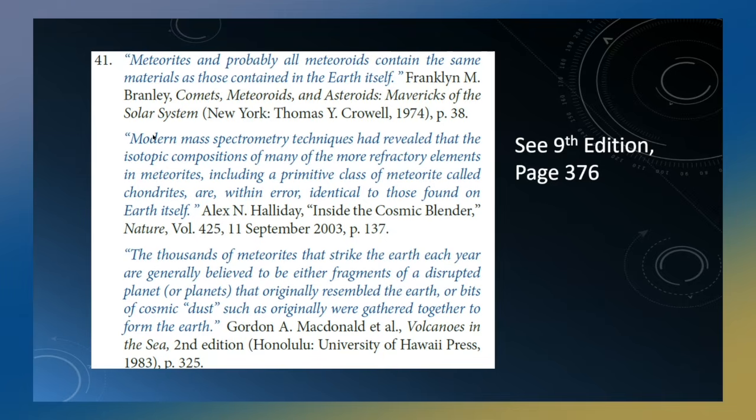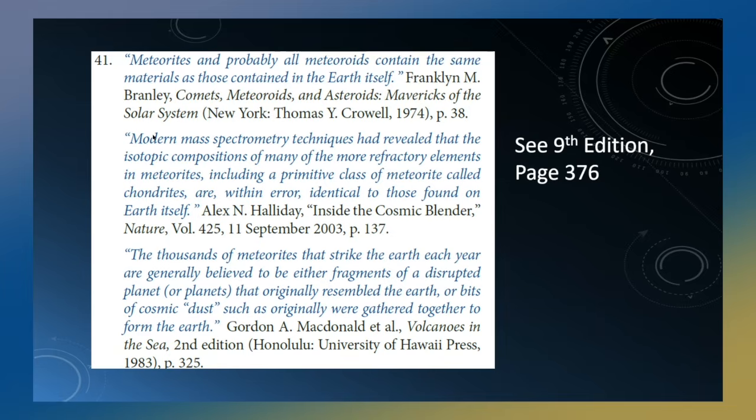Modern mass spectrometry techniques have revealed that the isotopic, meaning the isotopes of the different elements within the minerals in meteorites, including a primitive class of meteorite called chondrites, are identical to those found on Earth itself.